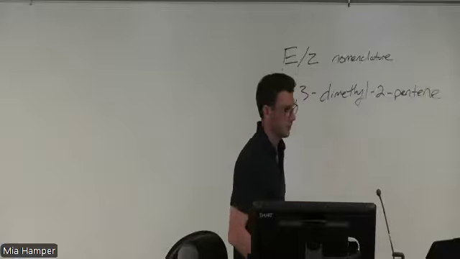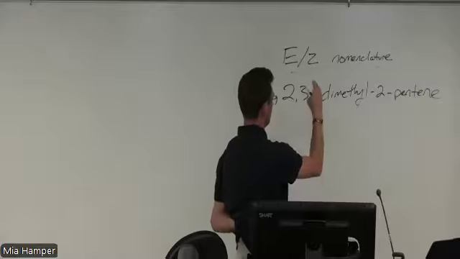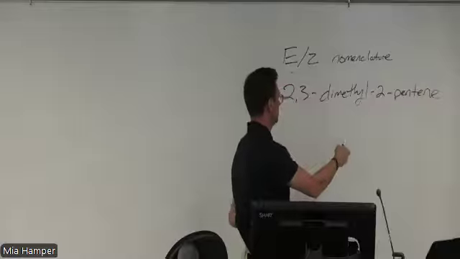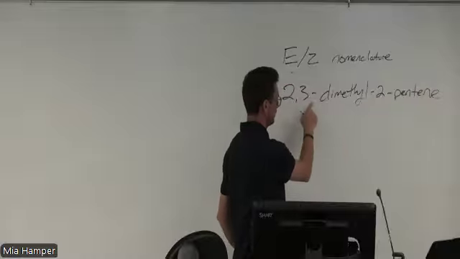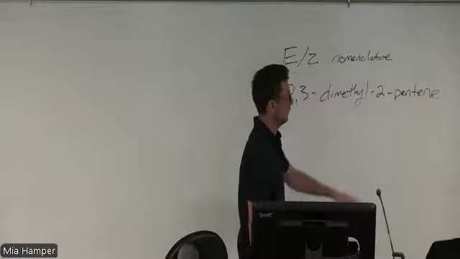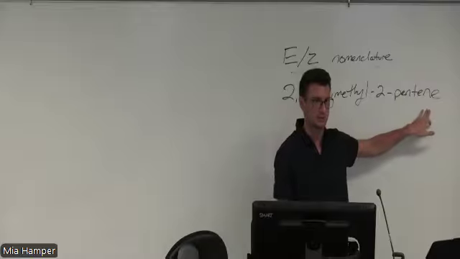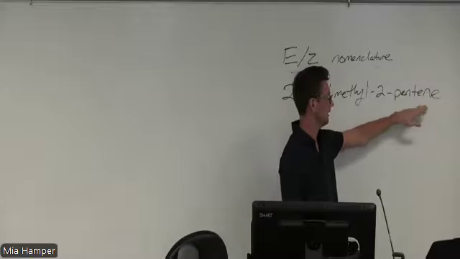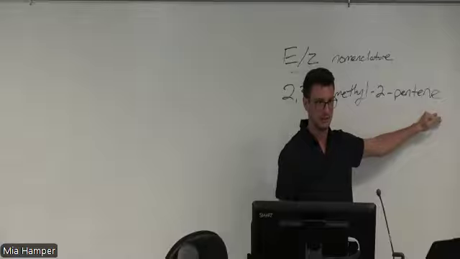So nomenclature wise, this describes that you have two methyls, one occurring at the second and the other occurring at the third carbon, with a double bond. We know it's a double bond because our suffix changes to ene, that indicates a double bond.